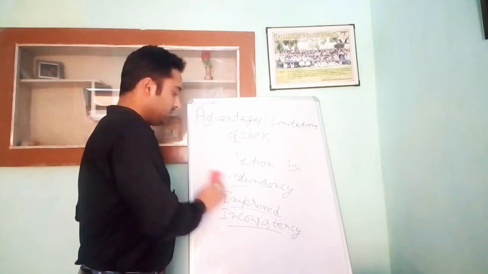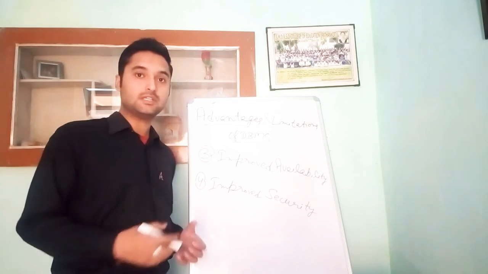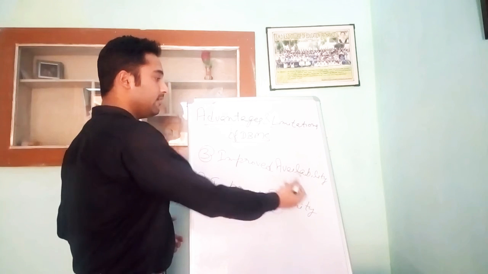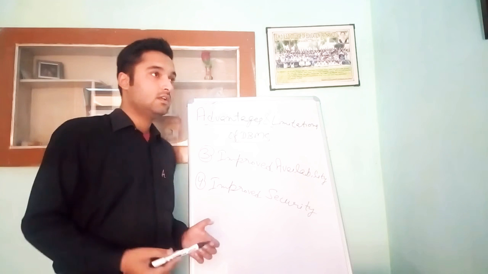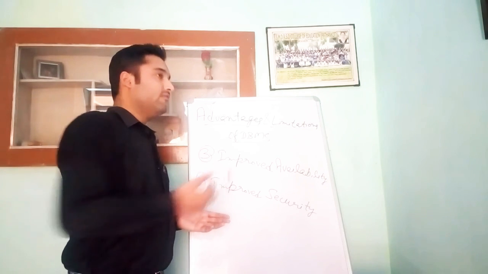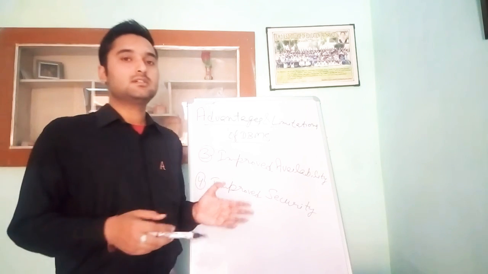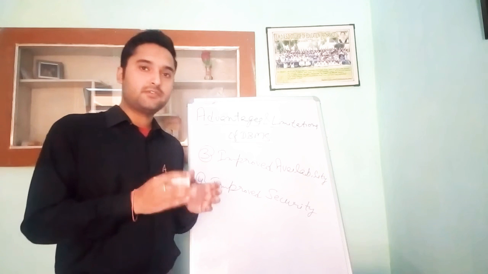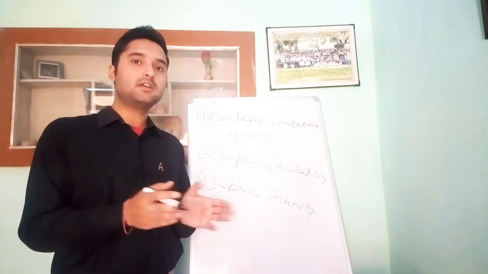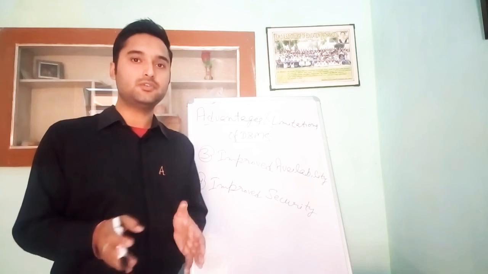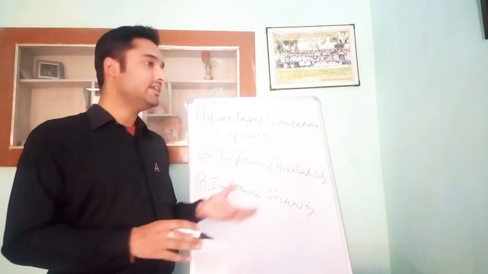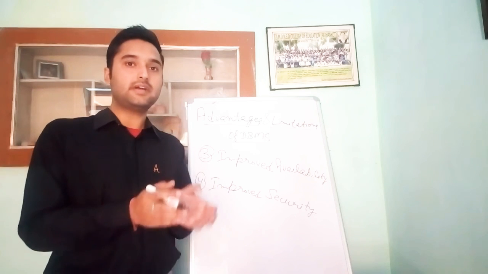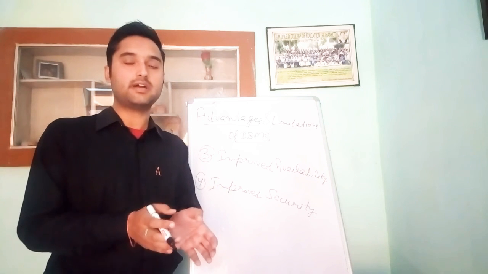The third one is improved availability, and the fourth one is improved security. The third point, improved availability, means the data is available 24/7. Whenever the data is needed by the user, it is given to them. Availability is not restricted to a period of time, a day or a night.